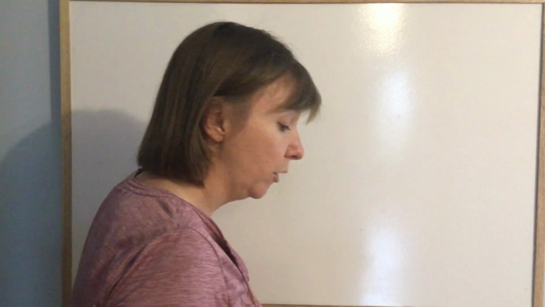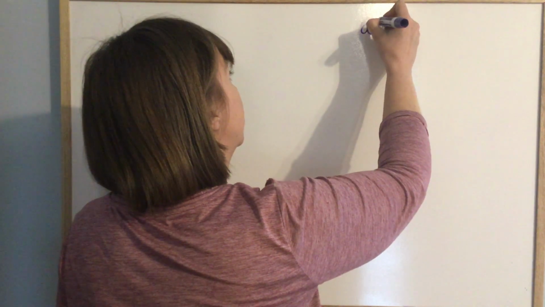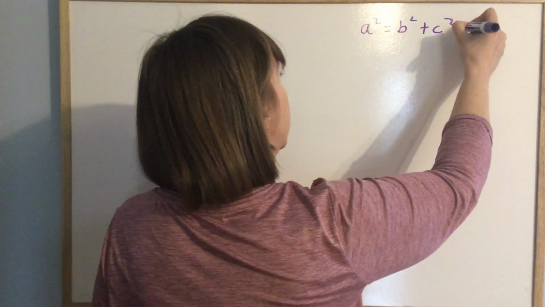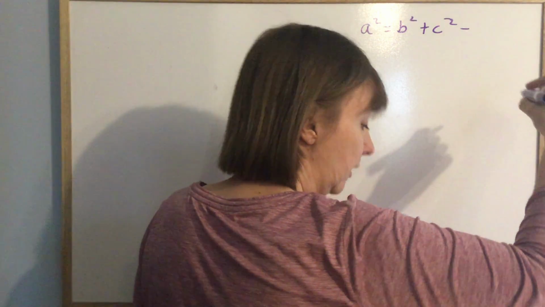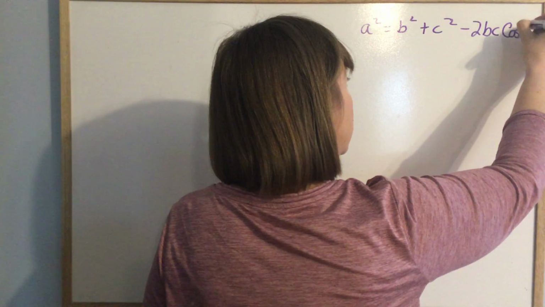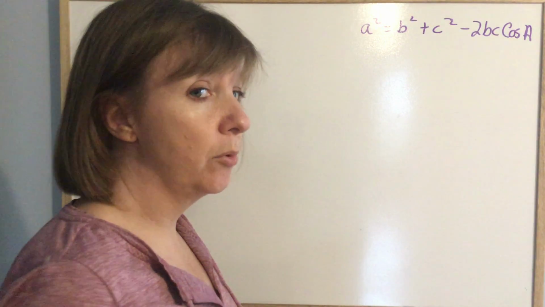I'm going to give it to you once and know that you're smart enough to figure this out. So a squared is equal to b squared plus c squared minus 2bc cos of a. Now again, the letters are not important.